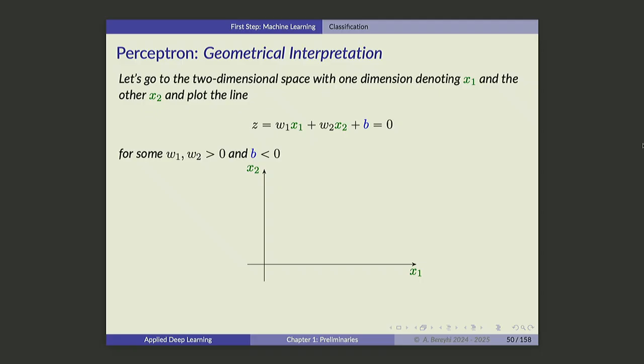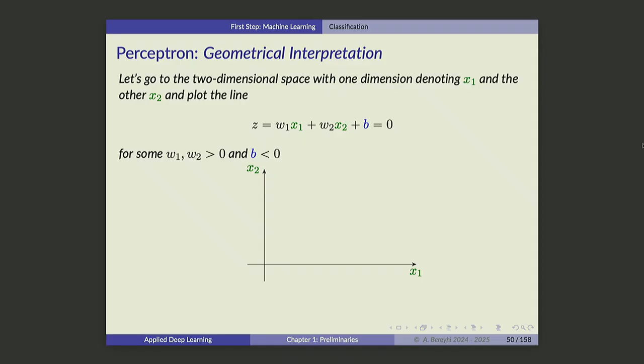So I do it here. Let's say that W1 is 1, W2 is 1, B is 1 as well. Okay? Now, if I want to draw that line, z is going to be x1 plus x2 plus 1, right?